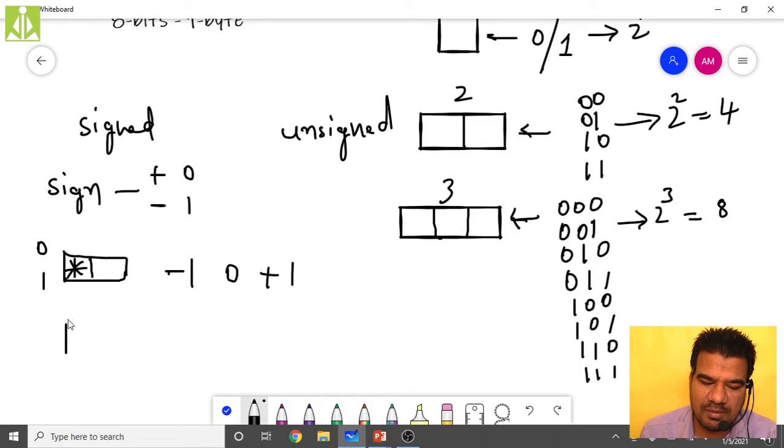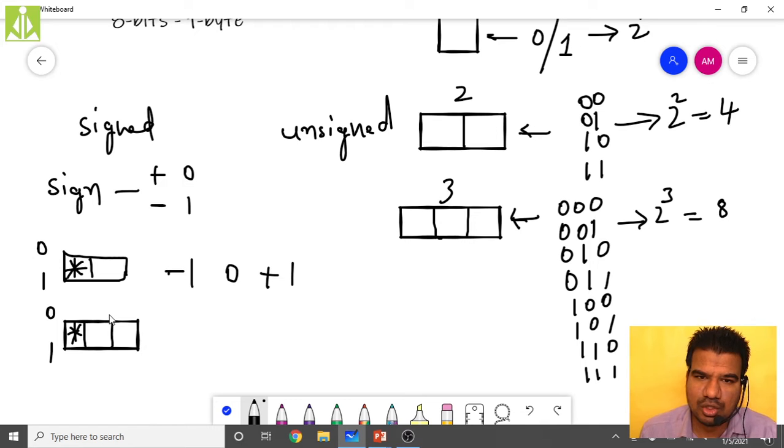So if you have 3 bits and you are allocating 1 bit for sign, 0 for positive and 1 for negative, so this bit we are allocating for sign, and now we have how many bits? 2 bits. So how many values can we store in these 2 bits? 2 power 2 plus 1, for 0 additionally. So total 5 values we can store.